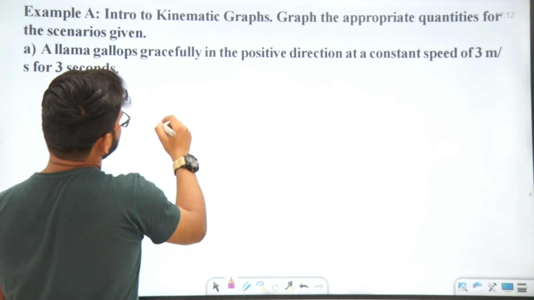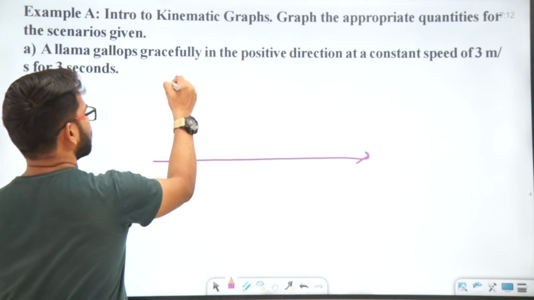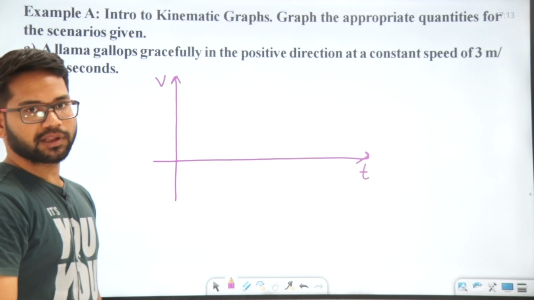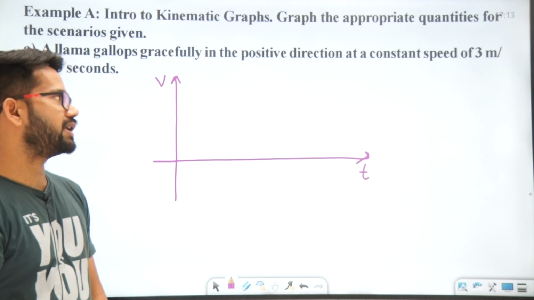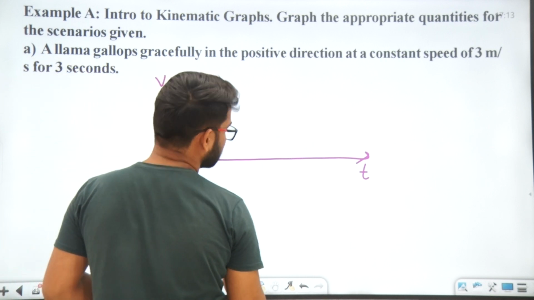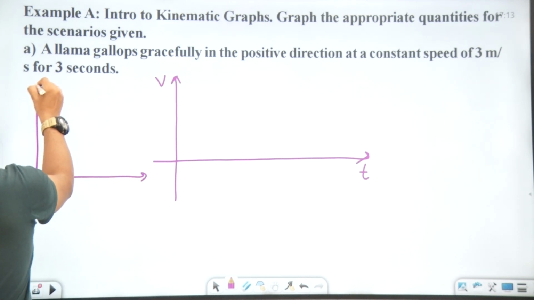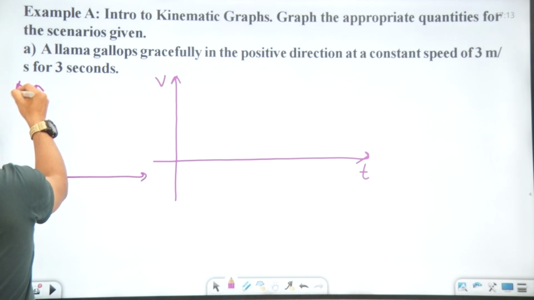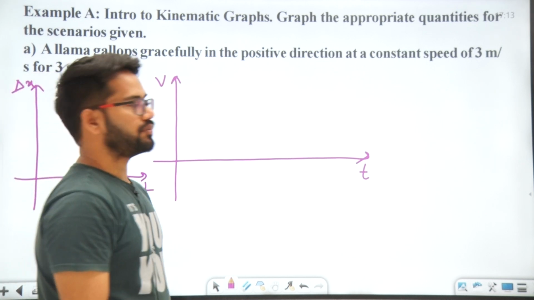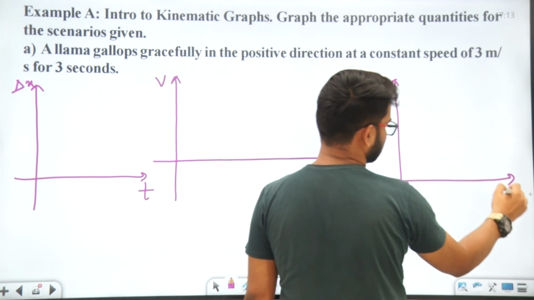For this situation, we draw the graph between velocity and time, where velocity is constant for the time interval, and then the displacement versus time graph, and the graph between acceleration versus time.